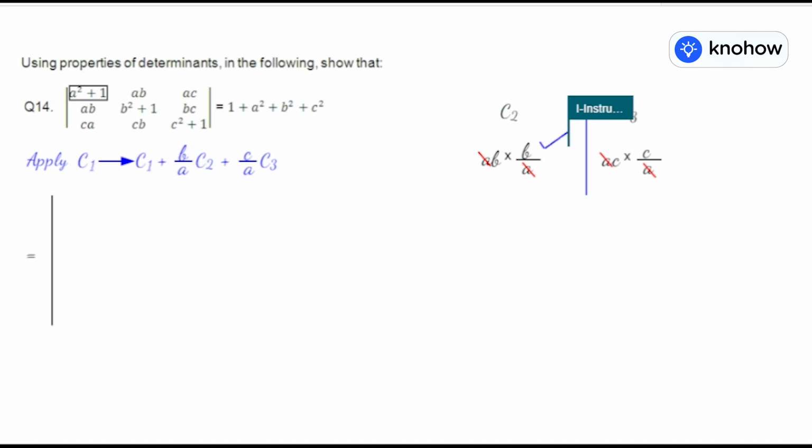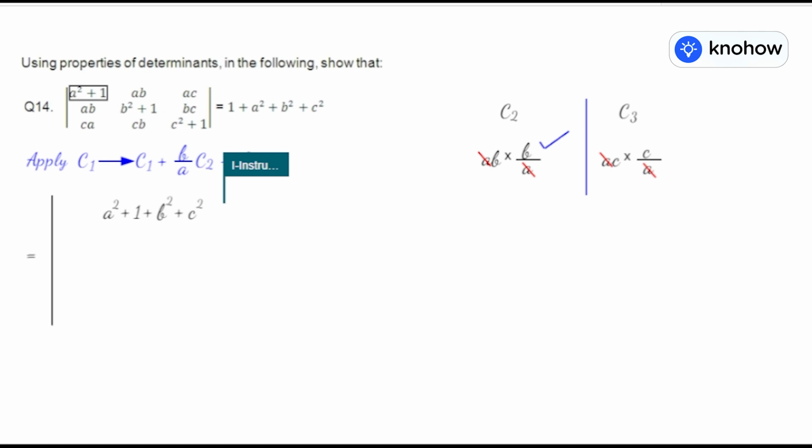You already have a square plus 1. Now you are adding b by a times ab, so that is b square. So a square plus 1 plus b square, and c by a times ac gives you c square. So here in the A11 place we get a square plus b square plus c square plus 1.